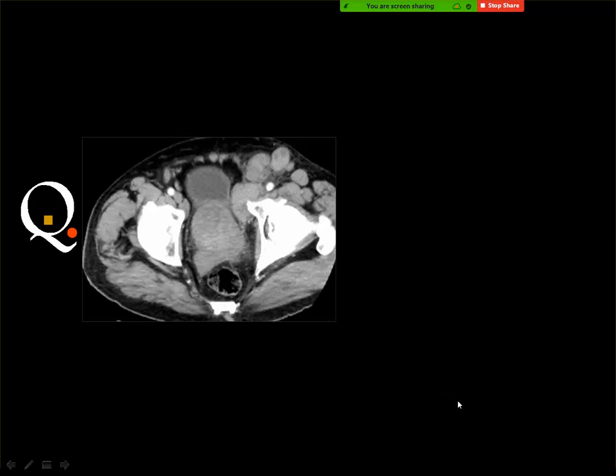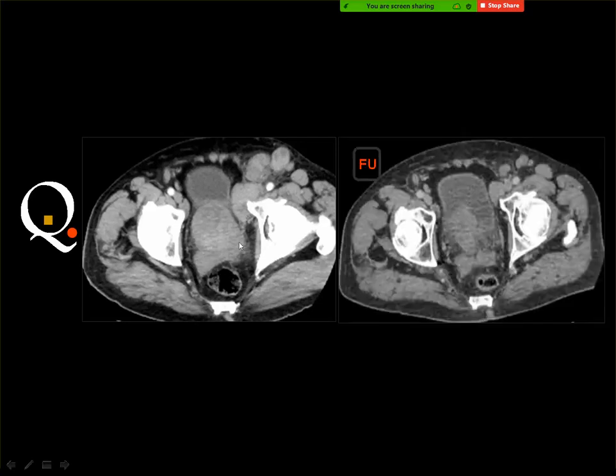Prostatic cancer. There is a prostatic mass, and invasion to the rectum? No. Inguinal lymph nodes. Yes, inguinal and external iliac nodes. This is the follow-up after chemotherapy, yes, regression.